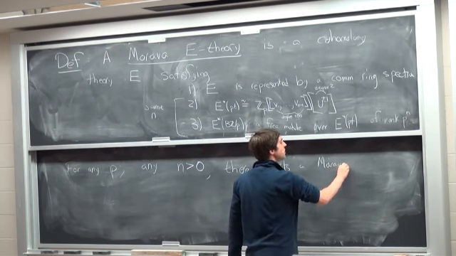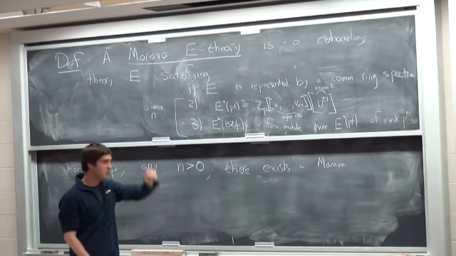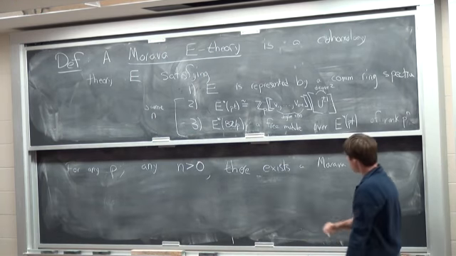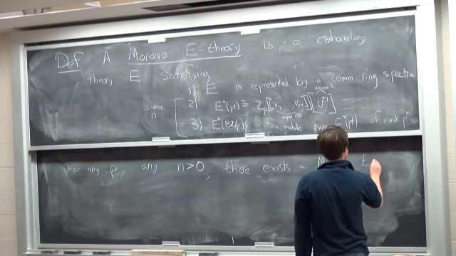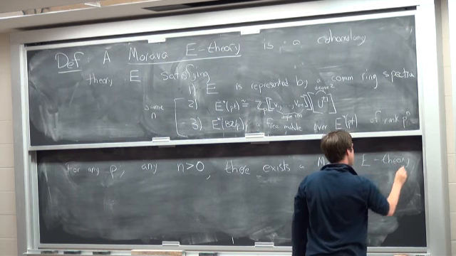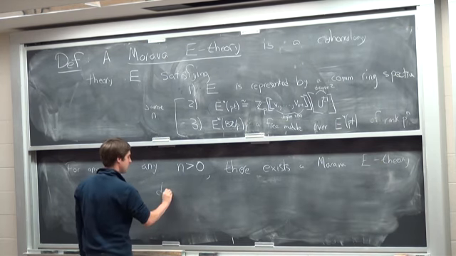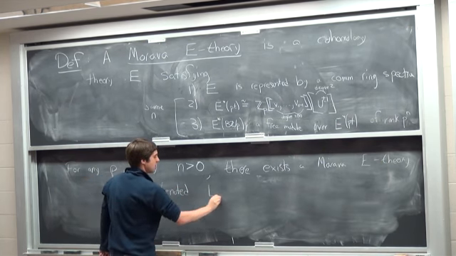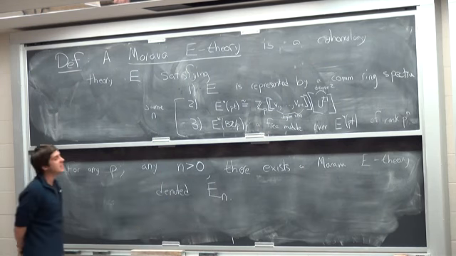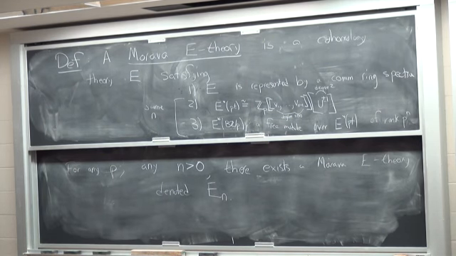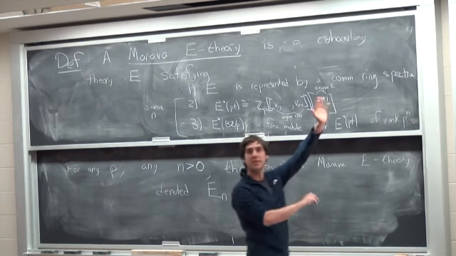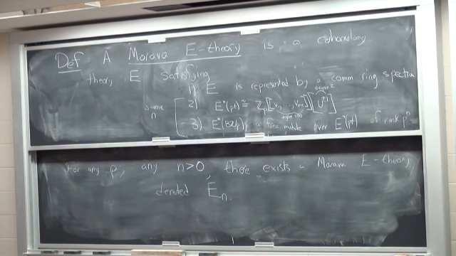There exists a cohomology theory that satisfies these conditions up here, for this value of p and n. The traditional notation is to write E sub n, where you indicate n in the notation and you don't indicate p. So p is something that's fixed for all time throughout this lecture, some prime number.